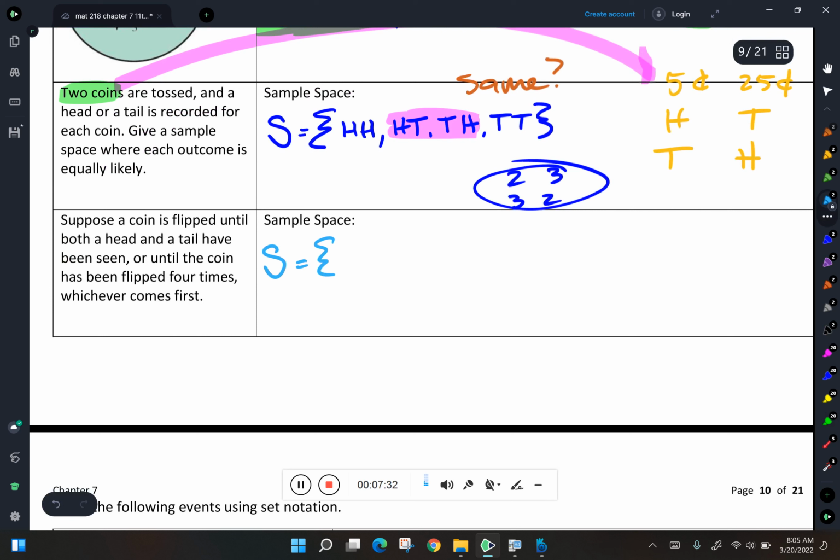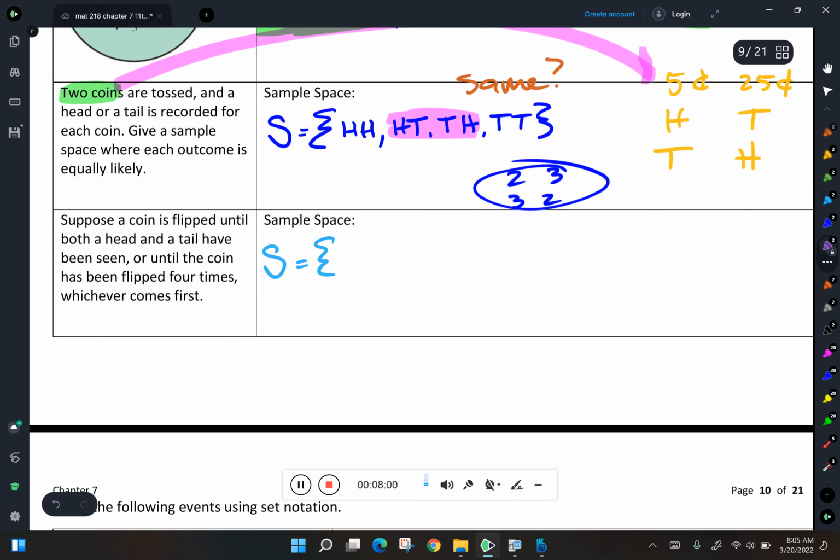So here, let's take a look at this last one. Suppose a coin is flipped until both a head and a tail have been seen, or until the coin has been flipped 4 times, whichever comes first. So I'm flipping a coin until I've got both a head and a tail, or until the coin has been flipped 4 times, whichever comes first.